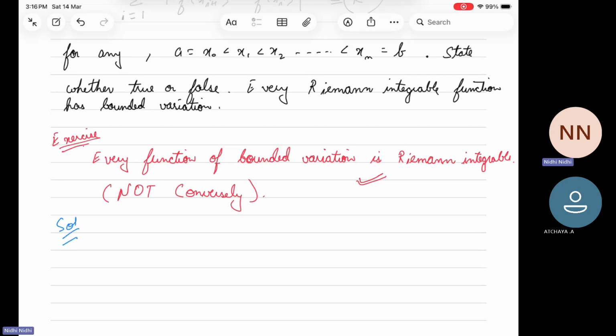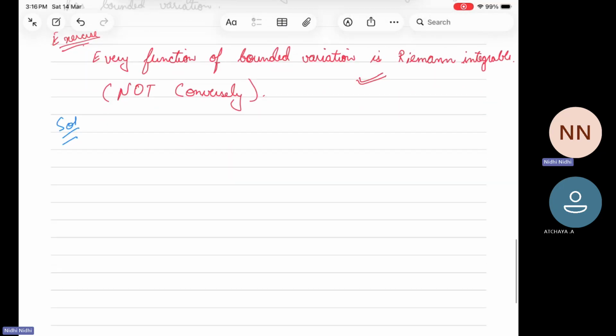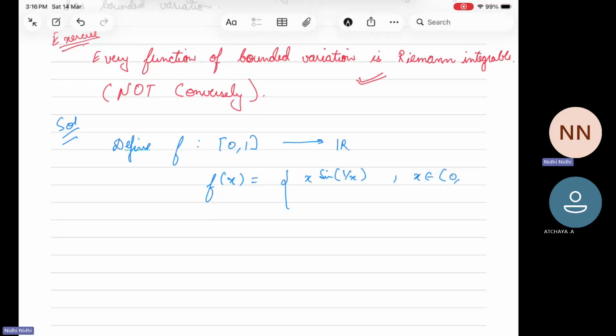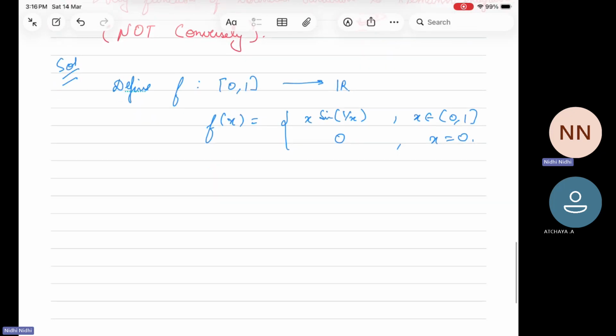A very good example that contradicts the converse of this statement is the following function. We define f from the closed interval [0, 1] to R as f(x) = x sin(1/x) for x belonging to (0, 1], and 0 when x is equal to 0. We all know that this function is continuous, and in fact at x equal to 0, the limit is equal to 0.